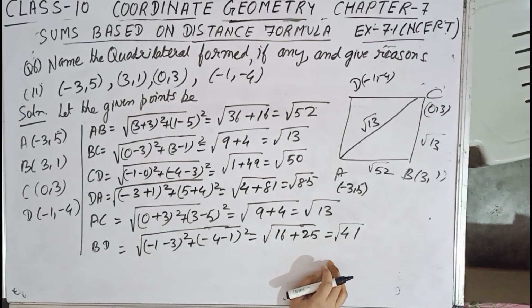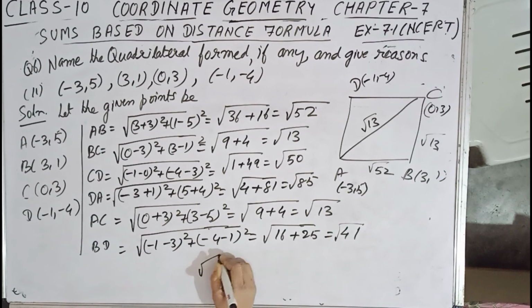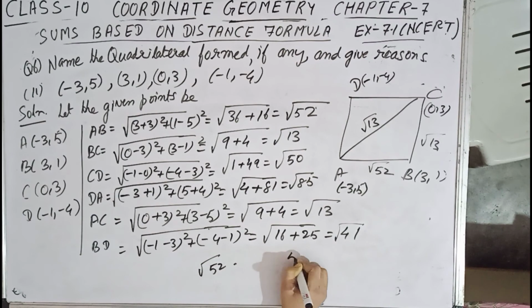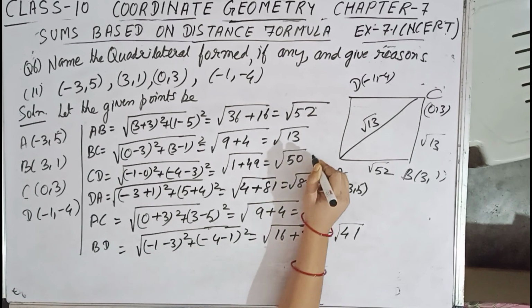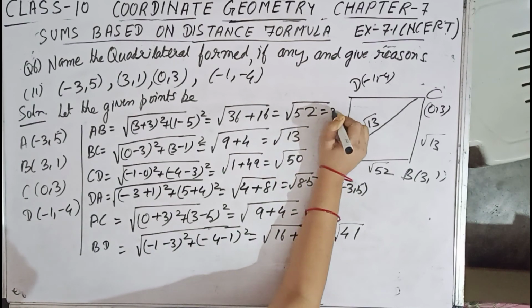So over here we can say that root 13 plus root 13 is how much? Yes, we got one property which is not being satisfied. So root 52 we can write as 2 root 13.